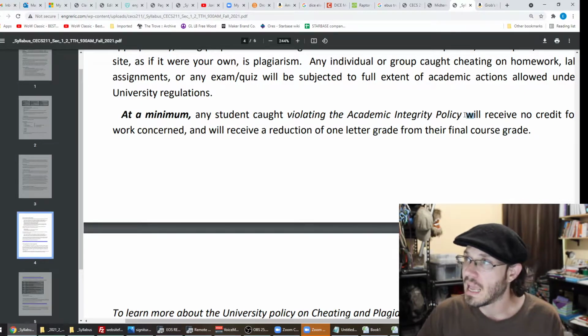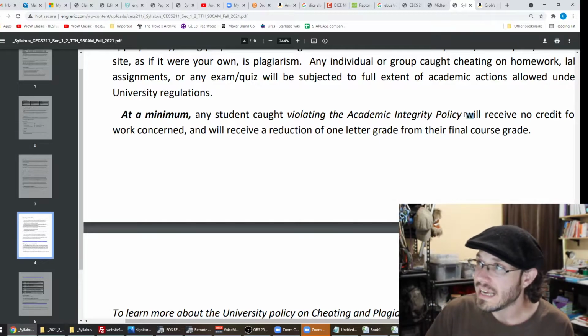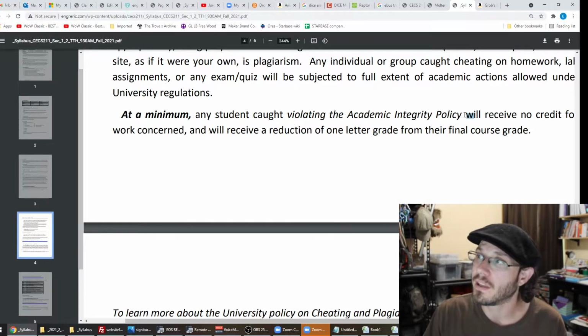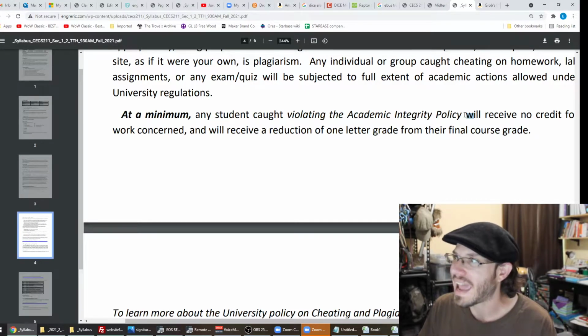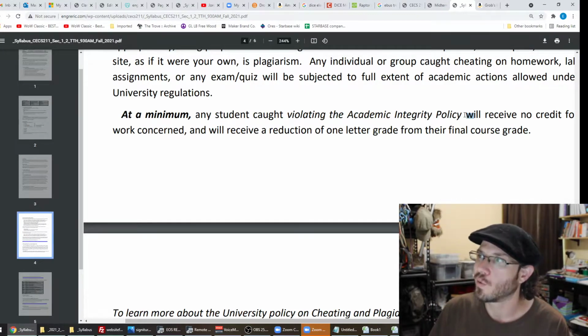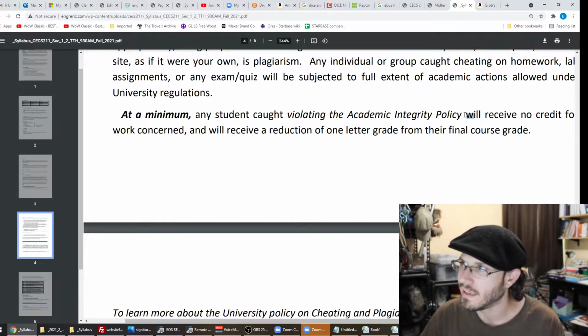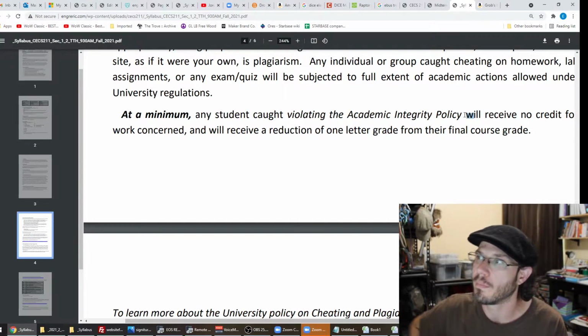So what does that mean? If your C turned into a D, then you're going to be stuck with that D on your GPA because you will not have the ability to replace that D with a B or an A later on. Okay, so you may also be losing the privilege of doing a repeat delete.